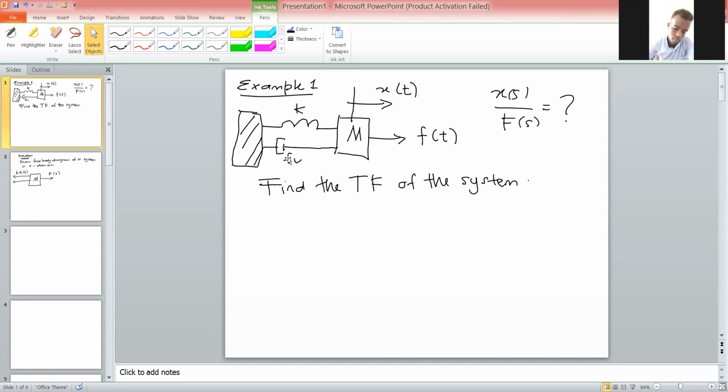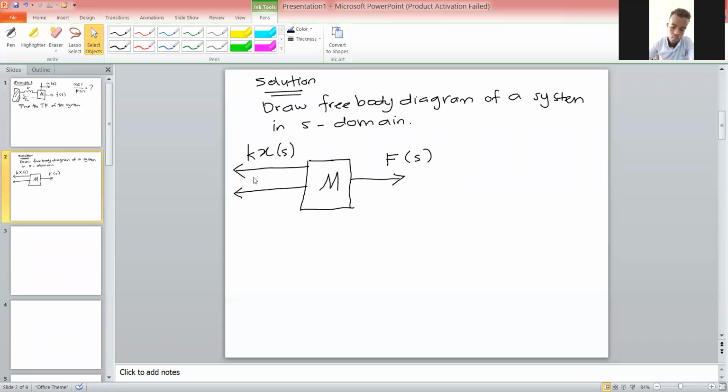We need to change to S domain, it becomes FV times S, times the direction XS.